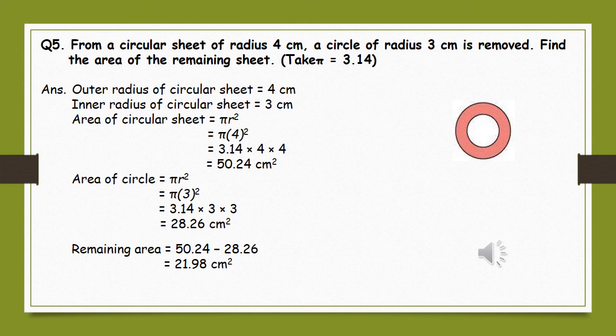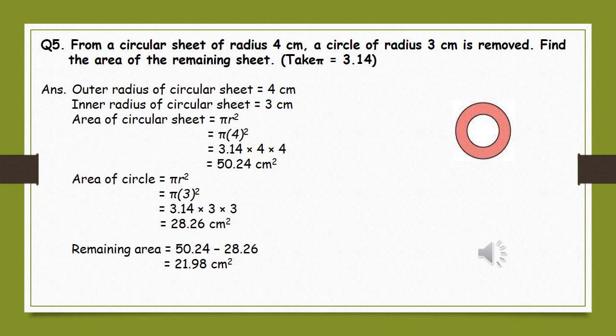Similarly, the radius of the inner circle is 3 centimeter. Using the same formula pi r square, we are finding the area of the circle, that is pi into 3 whole square, 3.14 into 3 into 3, and after calculation we are getting 28.26 centimeter square.